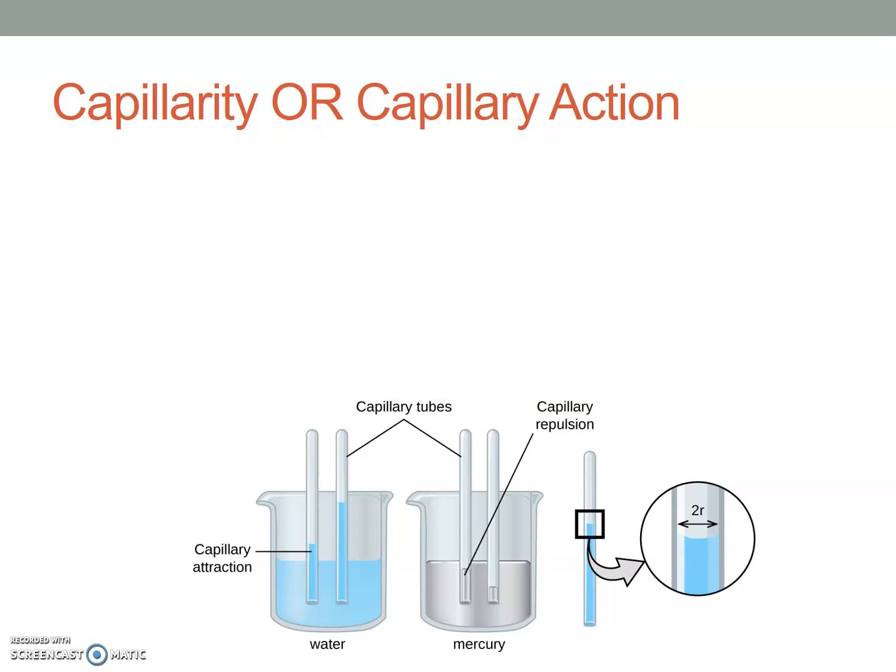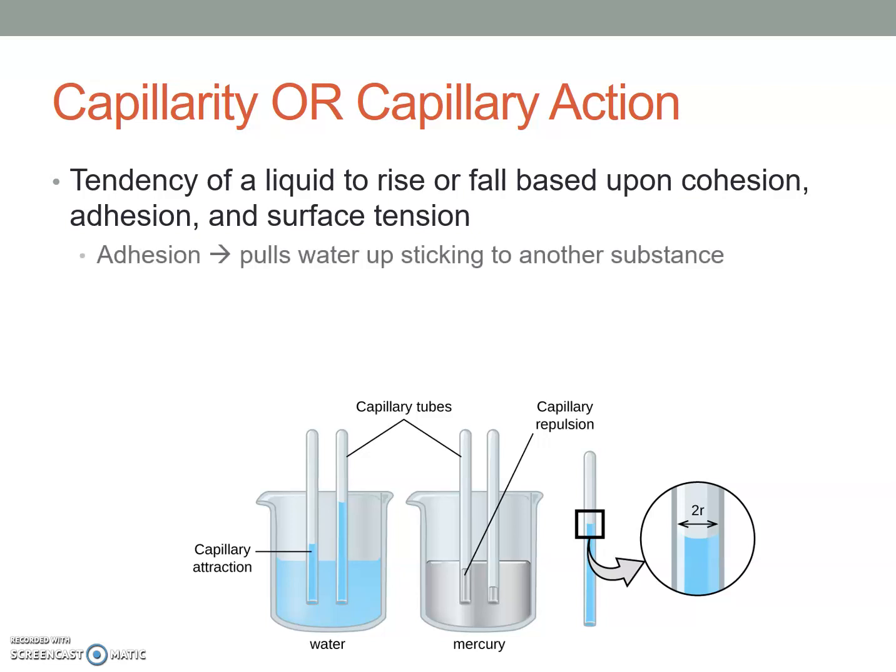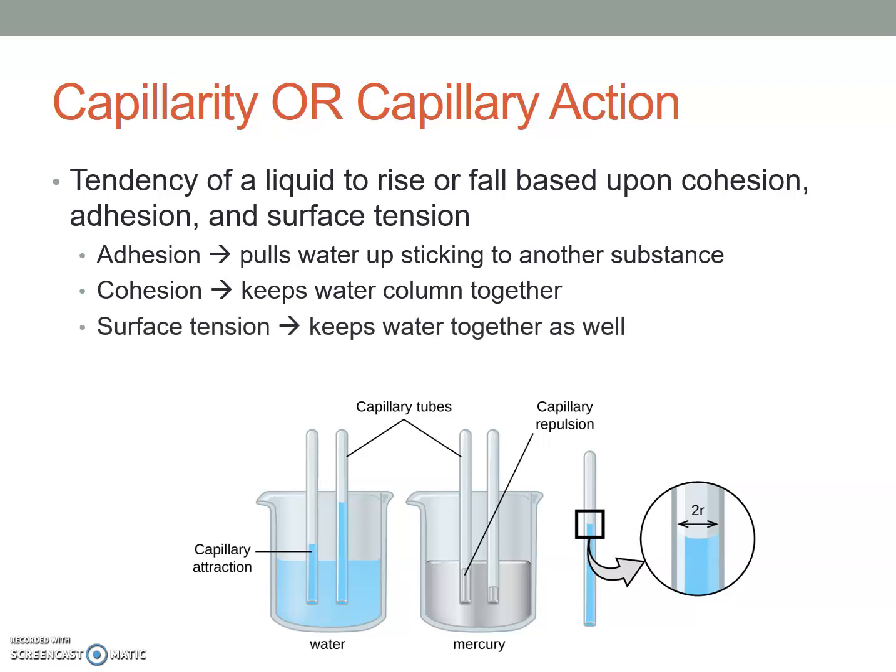All right, capillary action. So capillary action is how water or some liquid is drawn up a tube. It's a tendency of the liquid to rise or fall based upon cohesion, adhesion, and surface tension. So adhesion pulls it up because water or liquid sticks to another surface. Cohesion keeps the water column together, and then surface tension keeps it together as well.